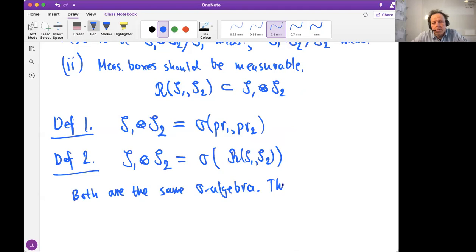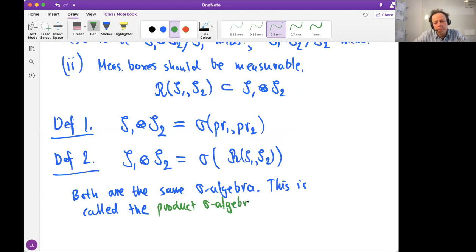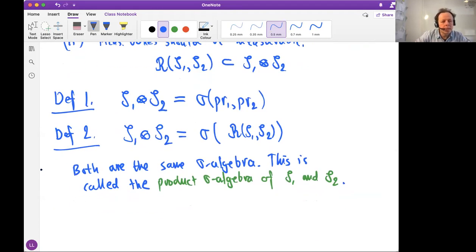And this is called the product sigma algebra of S1 and S2. And let's state this formally as a fact.